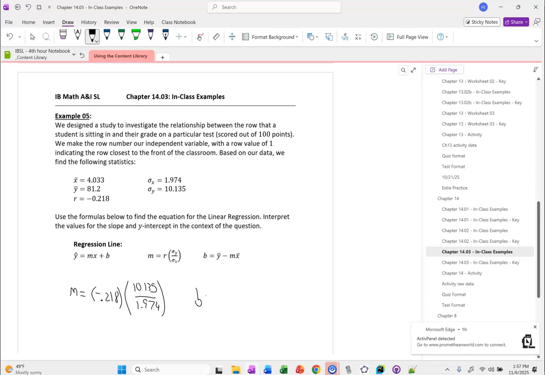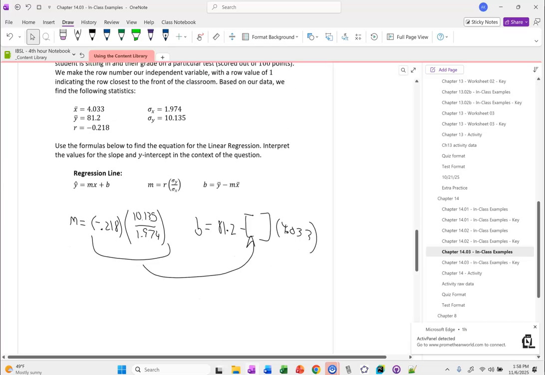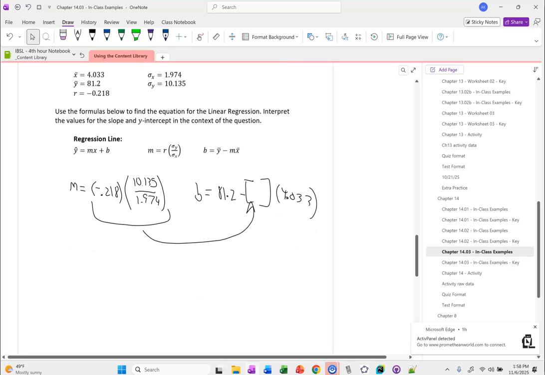How would I find the B? Times 1.03. Who's got their calculator out and punching this through? Because I want an actual number for this so we can interpret it in the context of the problem.